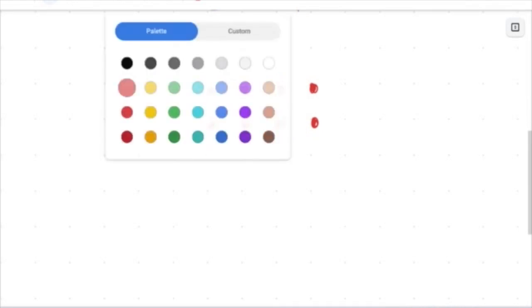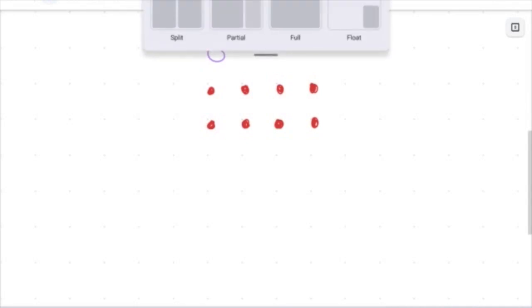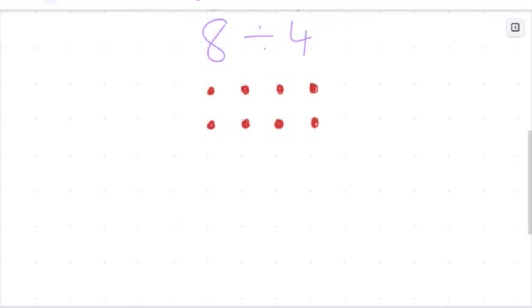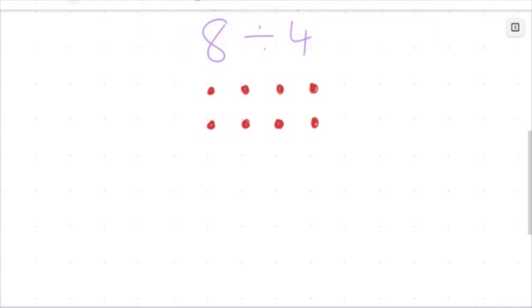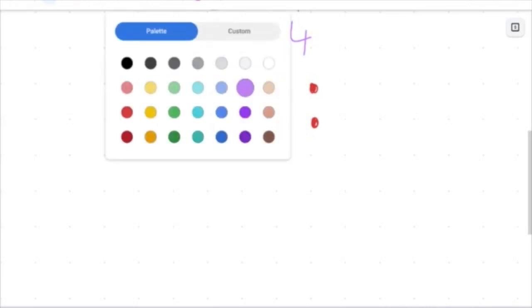I want to find what 8 divided by 2 is. Sorry, 8 divided by 4. So 8 divided by 4. So I have my dividend, it's still 8, and I'm dividing it by my divisor, 4. So this tells me I want to have 4 equal groups here.